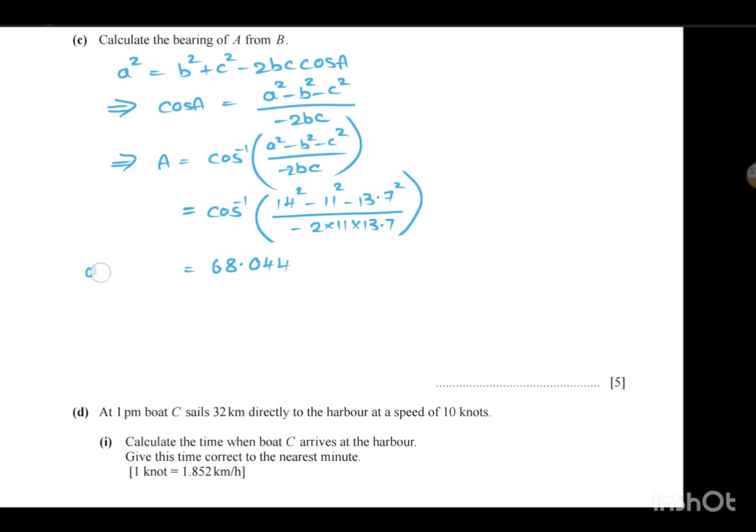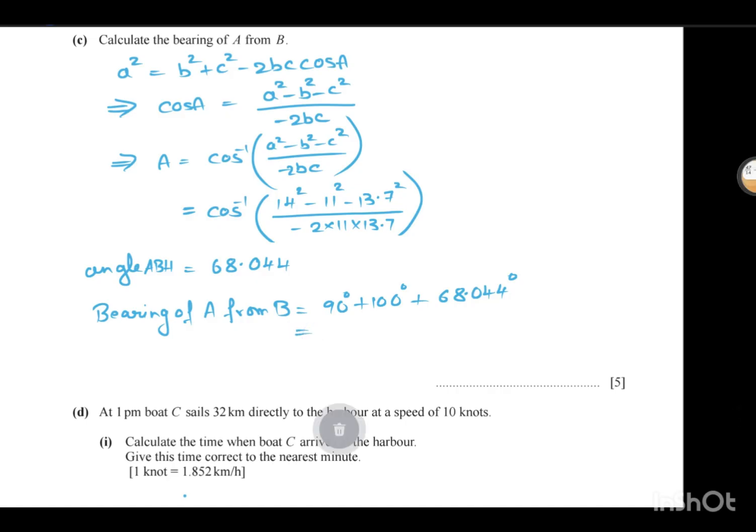This is angle ABH. Now we need the bearing. Bearing of A from B is equal to 90 plus 100 plus this angle which we got just now. So just add that.